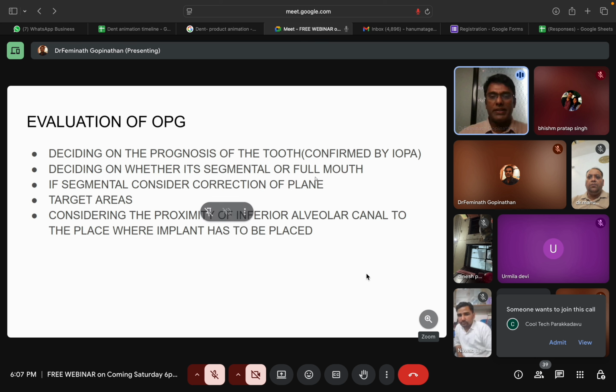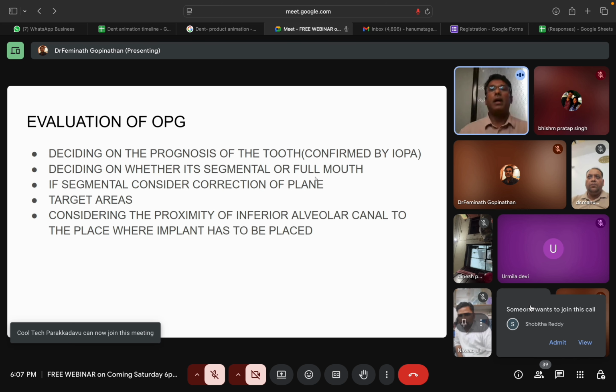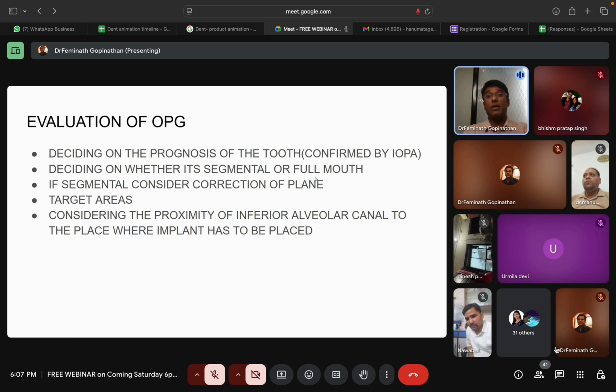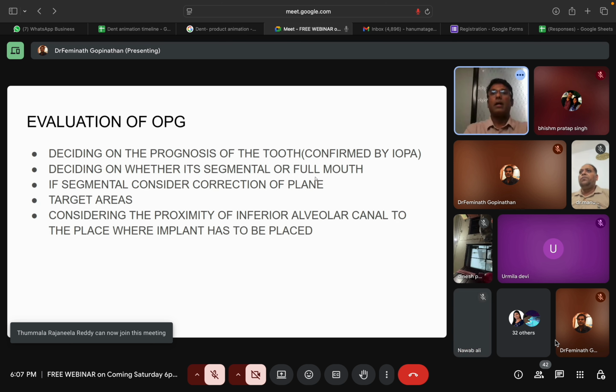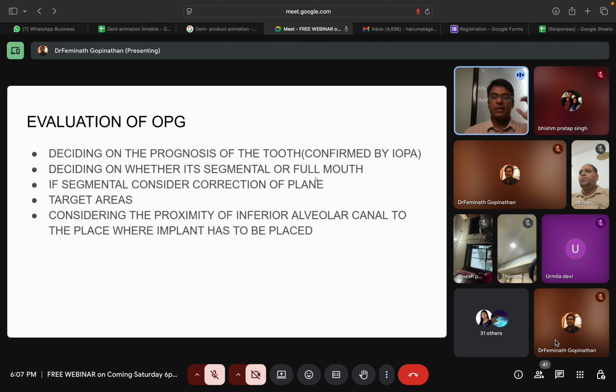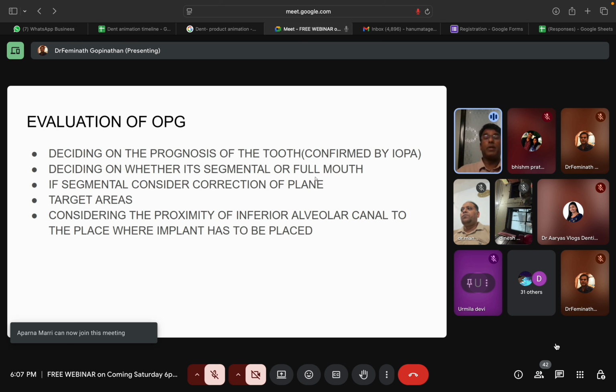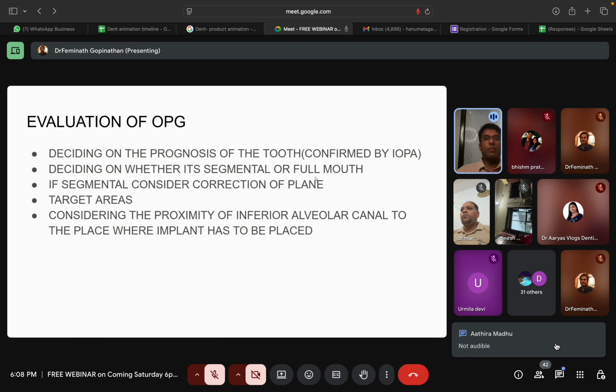By using this OPG, you will not be able to find out the exact prognosis of a tooth, like, for example, upper or lower anteriors. You can never identify whether the tooth has got good bone support, what is the condition of the tooth, because the cervical spine gets superseded, or rather it gets overlapped. Because of that, for the anteriors, you can never come to a conclusion whether the tooth has a better prognosis or not.